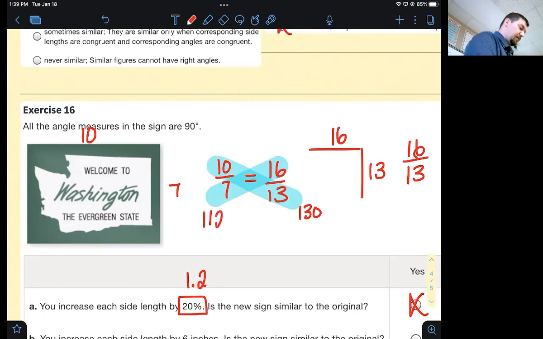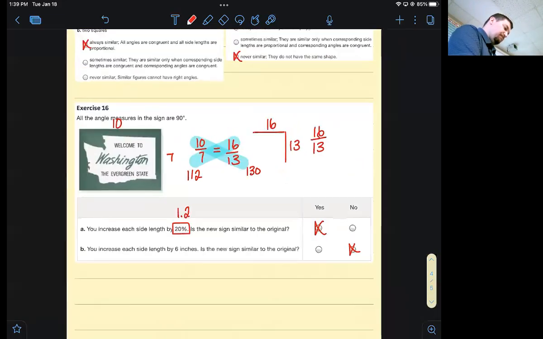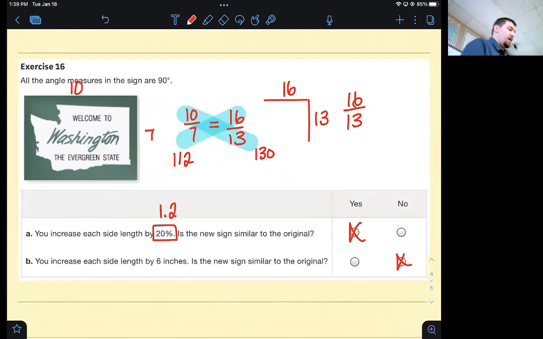Deegan, the human calculator, good job. 112. Well, there's a way you could do it in your head, right? If you're Deegan, you could do 7 times 10, that's 70, and then 7 times 6, 42, and add those together to get 112, or you could just use a calculator that you all should have had out on your desk anyways. The answer is no, they're not similar. You can't add to the side lengths and make it similar. You can multiply by a factor, but you can't add a number or subtract and make them similar. So the answer to this one is, we're done.